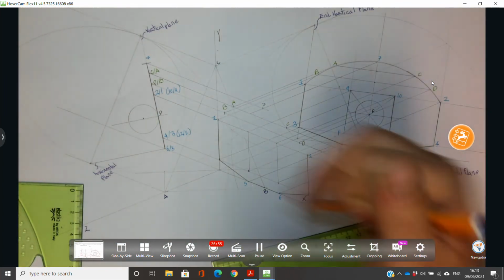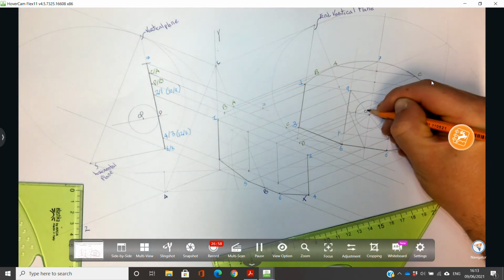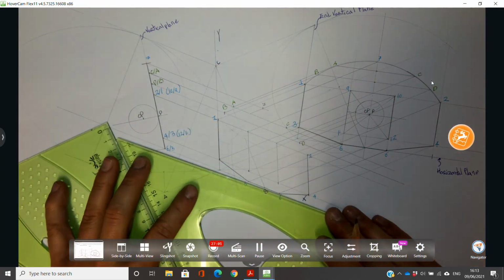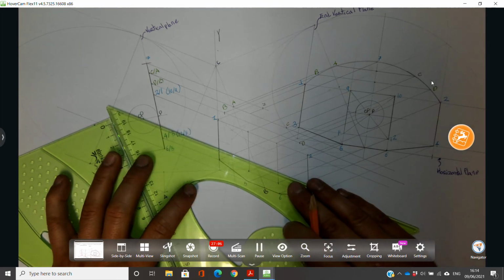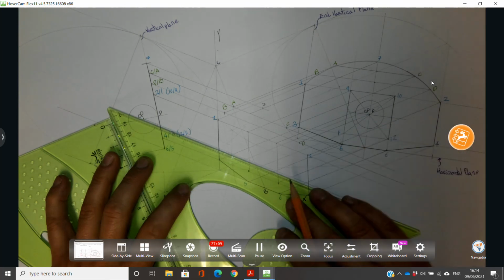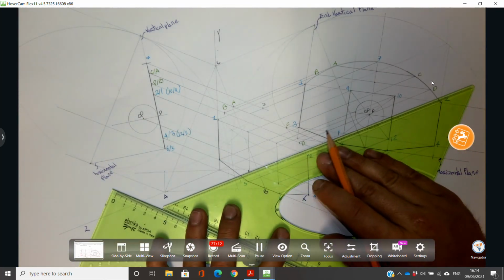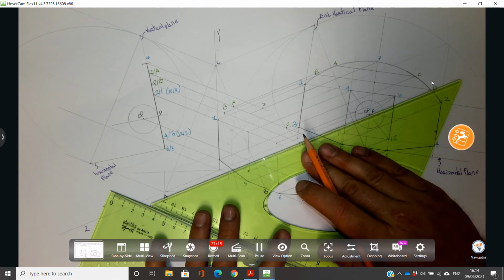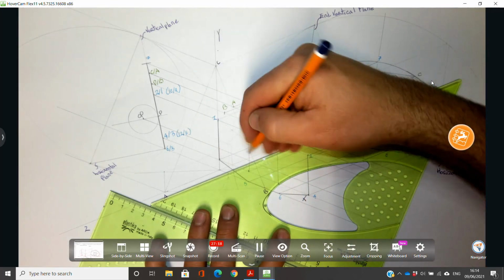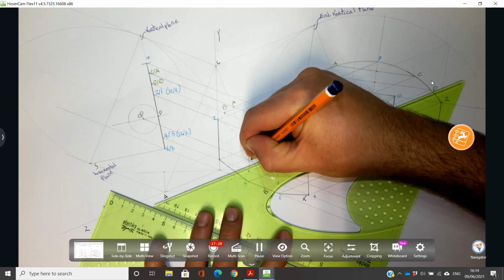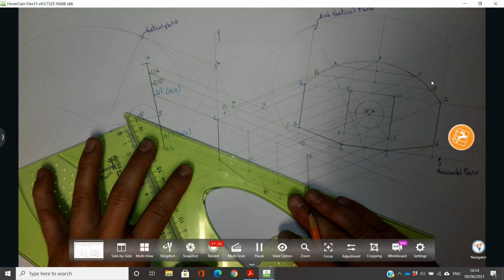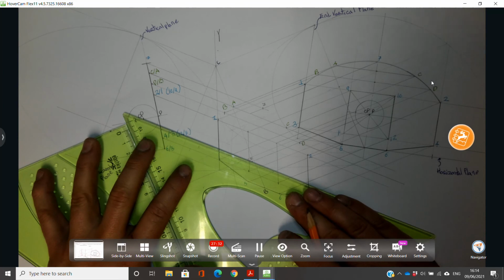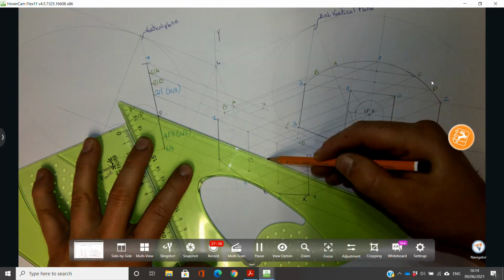There's the center point. Here's the center point as well. I'm going to bring that down. And the center point here. So there's the center point of the ball. Here's point P brought down. So there's the point of contact.